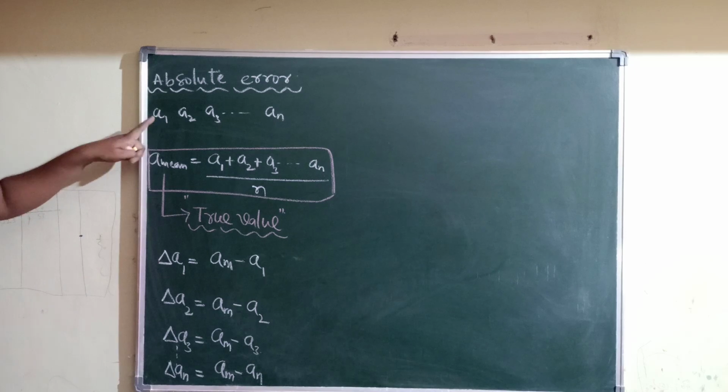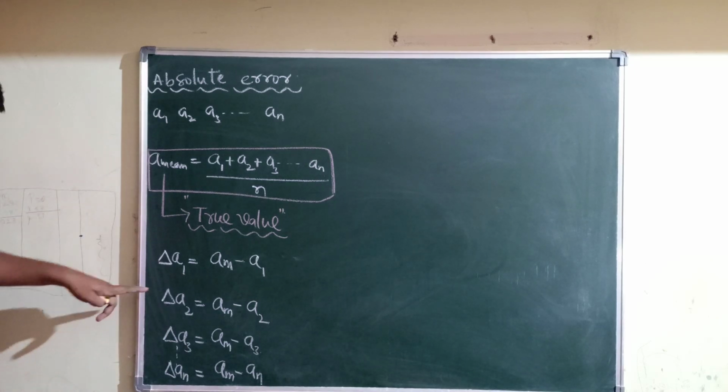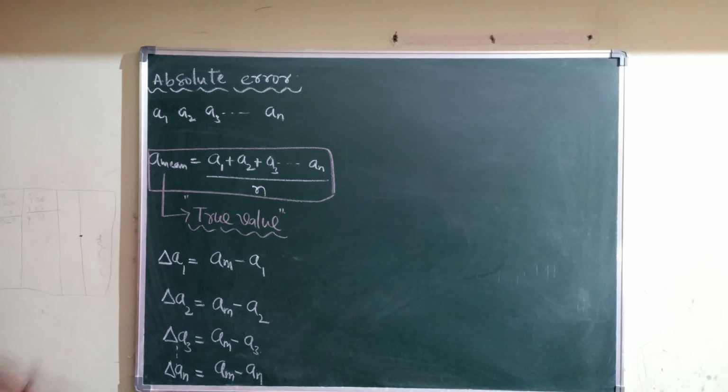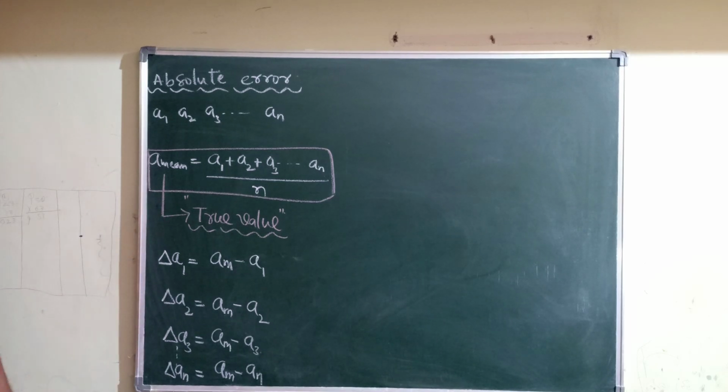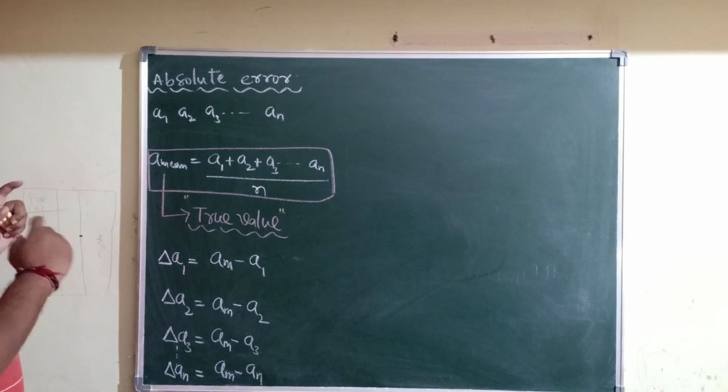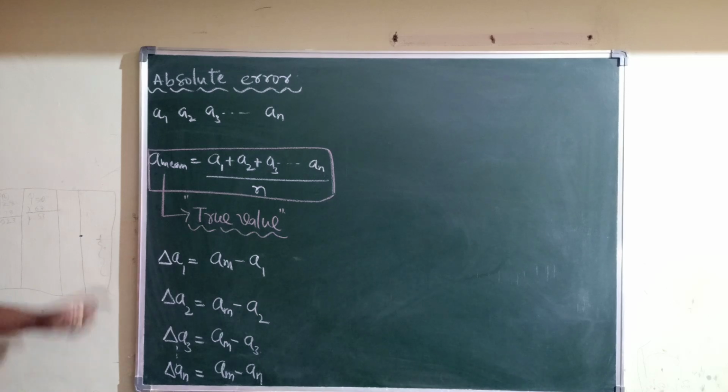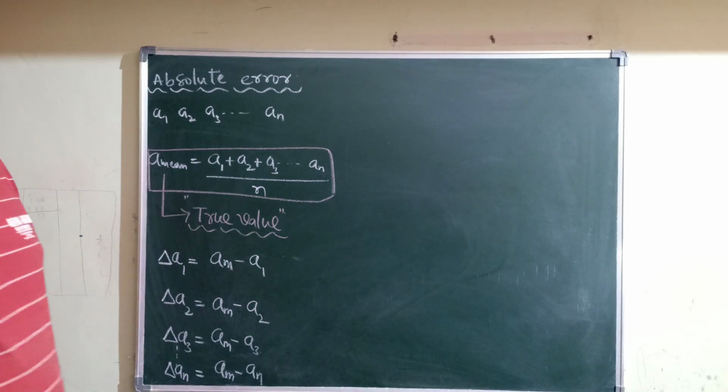What are these called? Delta A1 is absolute error in first observation. Delta A2 is absolute error in the second observation. Delta A3 is absolute error in the third observation. Delta AN is absolute error in the nth observation. Absolute error should not be negative.